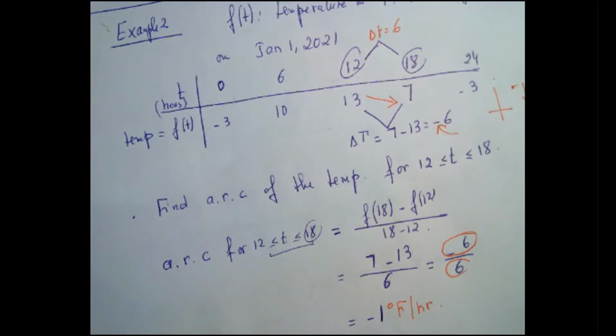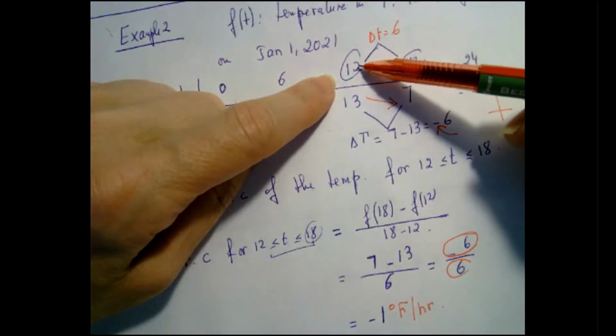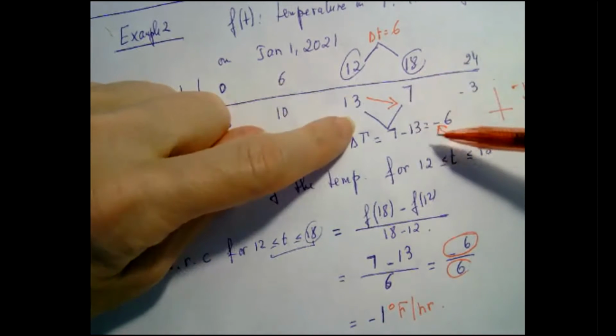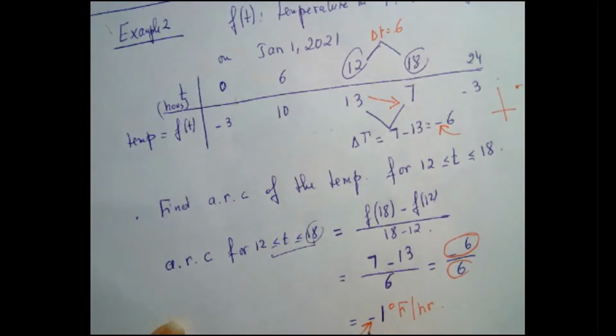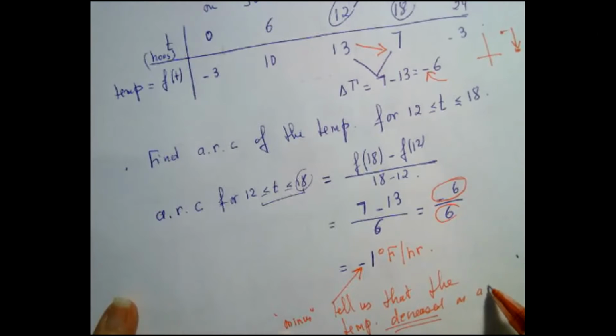So if the value of a function decreases from A to B, like from 12 to 18, this is reflected by a negative average rate. So this minus tells us that the temperature decreased on average by 1 degree per hour.